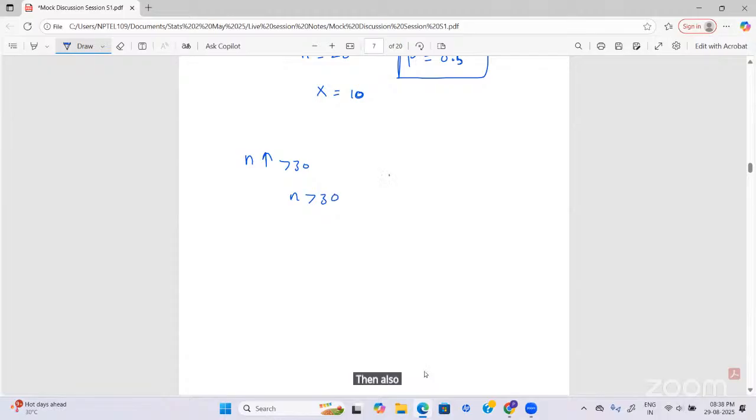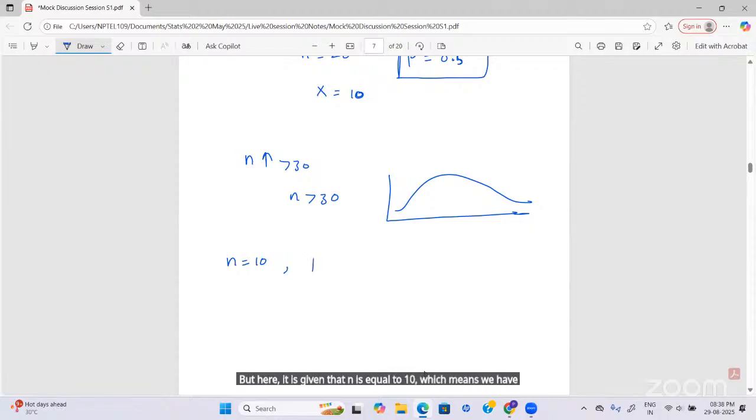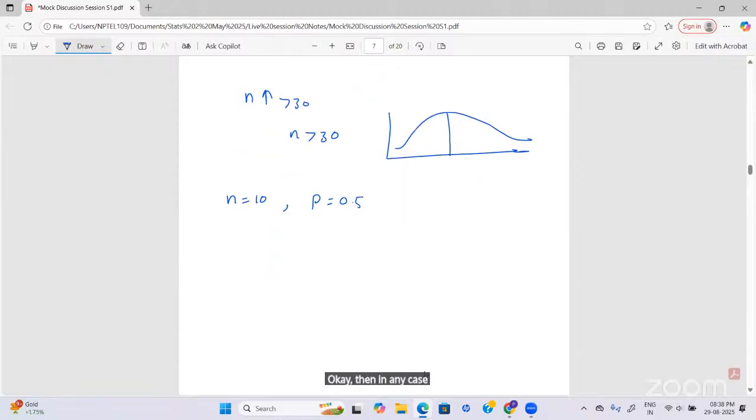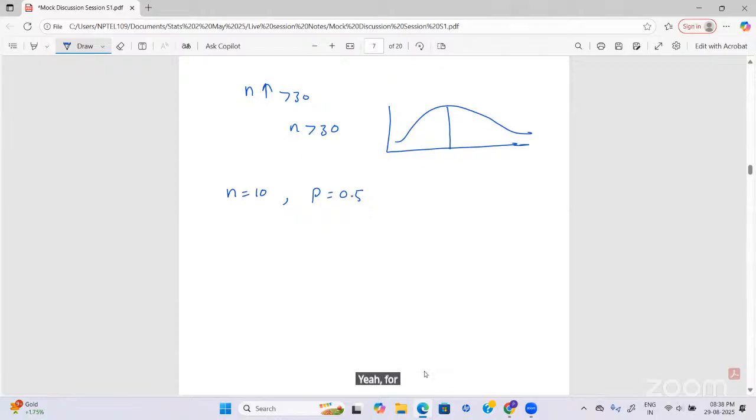Then also it will be symmetric. But here it is given that n is equal to 10, which means we have a small sample. So if the value of p is 0.5, then only it can be symmetric.